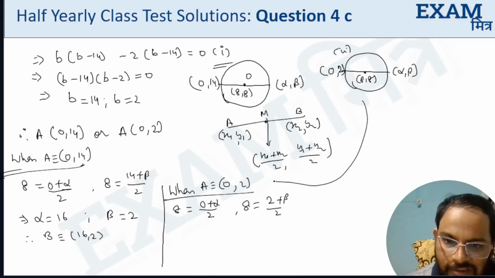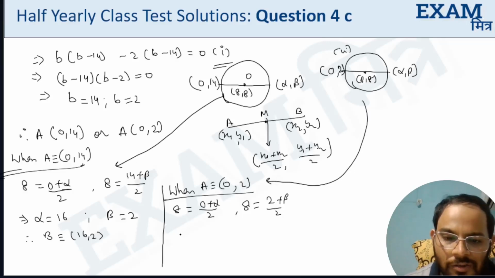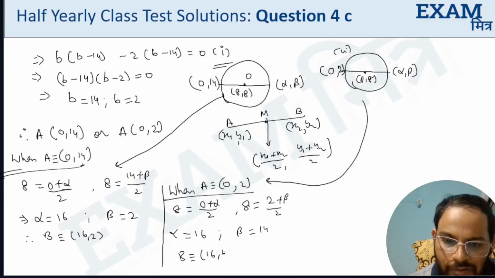So here alpha becomes 16 and beta becomes 14. So the coordinates of B will be (16, 14). Since there are two possible values of A, there will be two possible values of B as well.